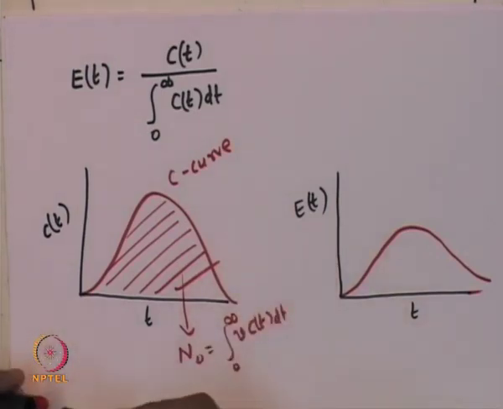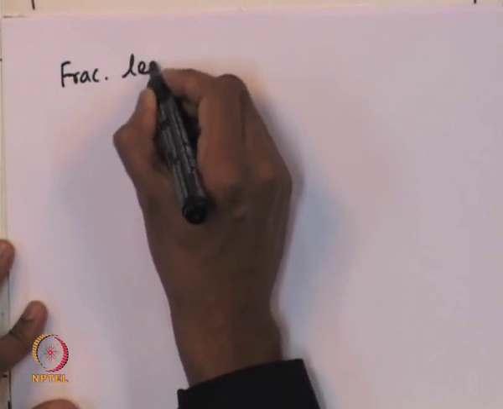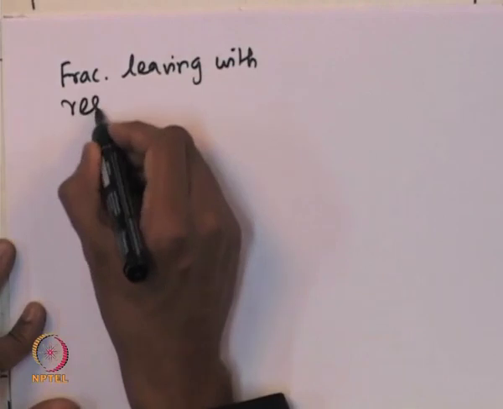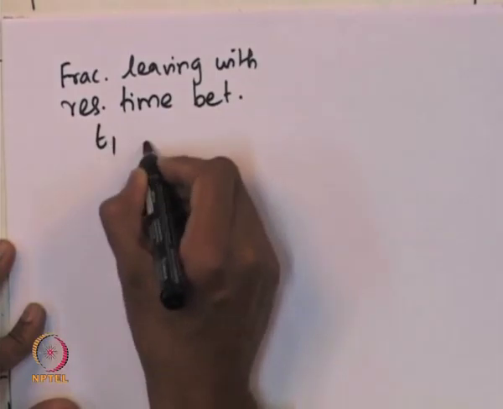Only if we are able to find the area under the C curve, we will be able to construct the residence time distribution function. Now from this we can find out what is the fraction of material that is leaving the reactor with a specified range of residence time. Suppose I want to know the fraction of material leaving with residence time between T1 and T2.